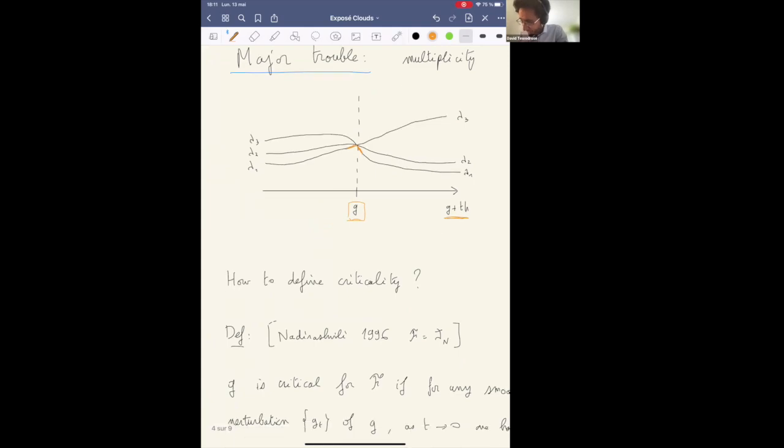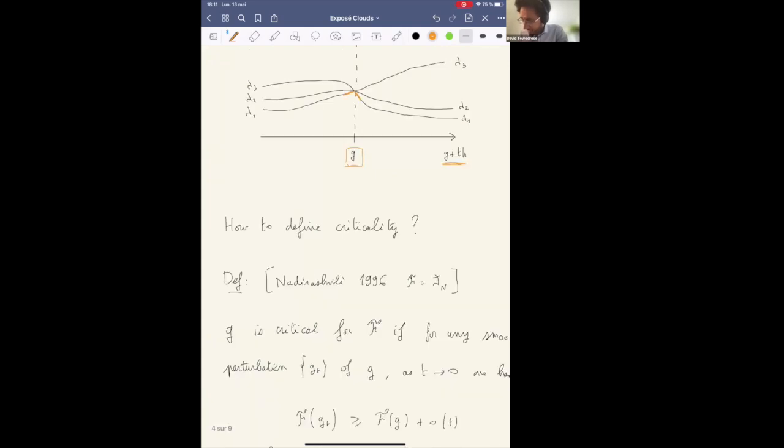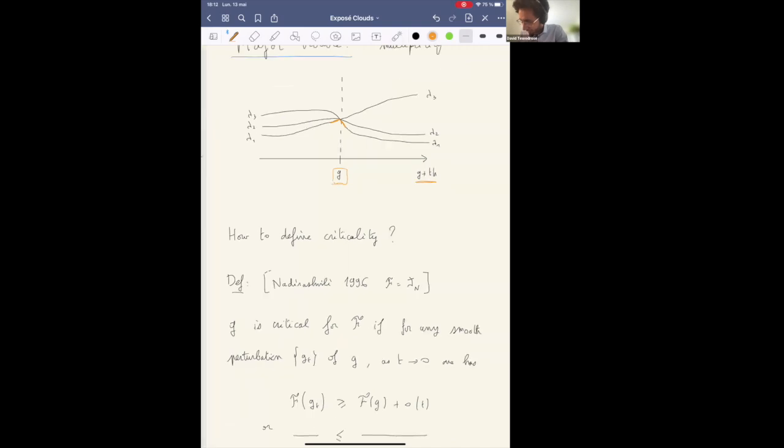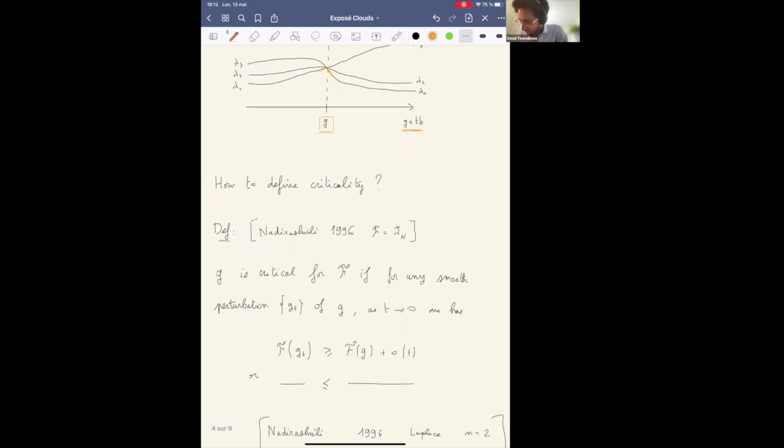So the first question is then how to define criticality if you don't have smooth functionals.